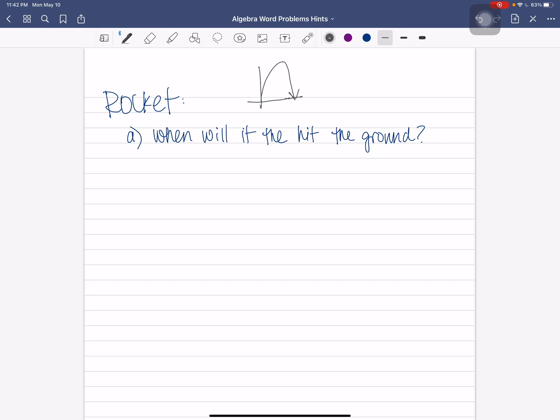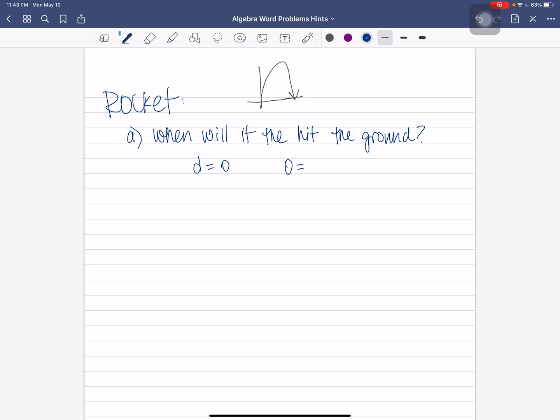It's going to hit the ground when your height, or the distance above the ground as it's called, is equal to 0. So when you set up the equation, it's going to be equal to 0.